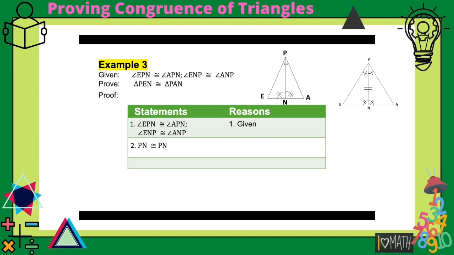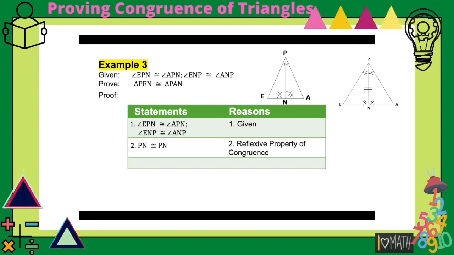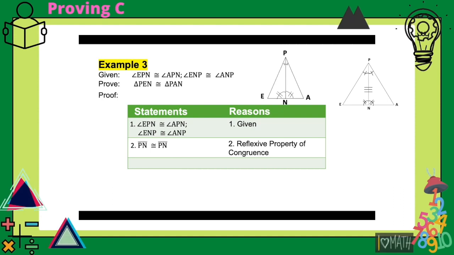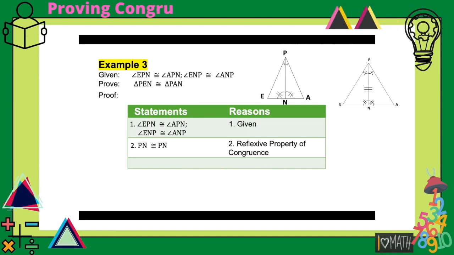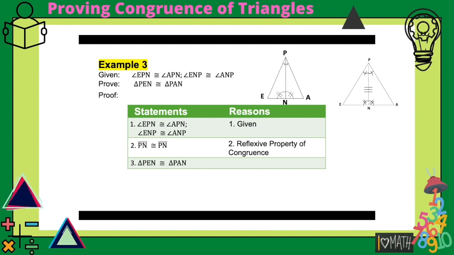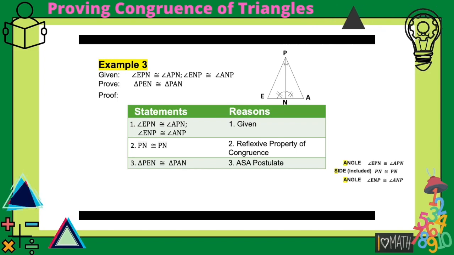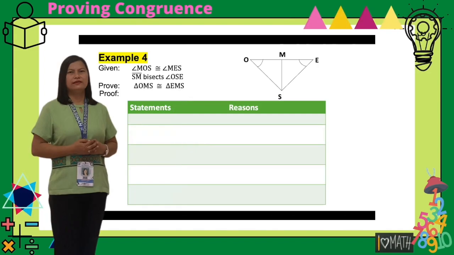And the reason is reflexive property of congruence, since segment PN is equal to itself. Now, since the 2 angles and included side of triangle PEN are congruent to the corresponding 2 angles and included side of triangle PAN, then the 2 triangles are congruent by ASA congruence postulate.